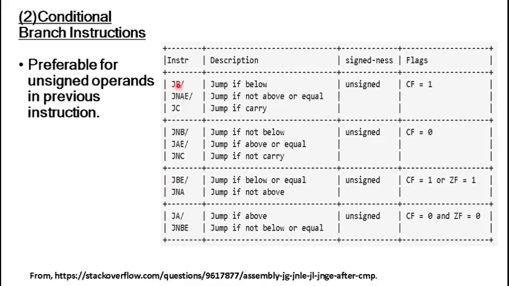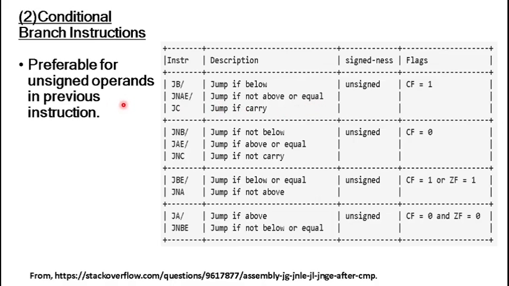Note that in each row, the jump instructions grouped together have the same opcode. It means that they perform the same operation, but are just given different names. So you can use these instructions within a row interchangeably. JB, that is jump if below, is equivalent to jump if carry, and it is equivalent to jump if not above or equal.